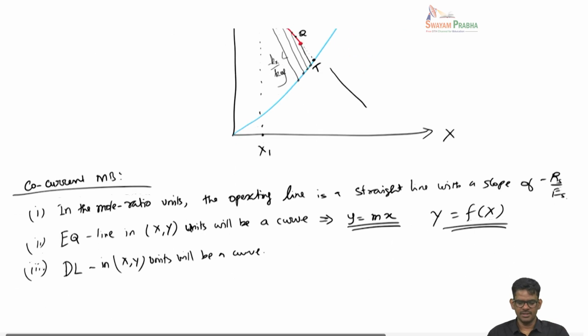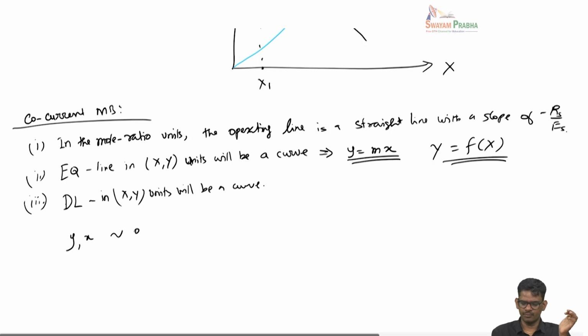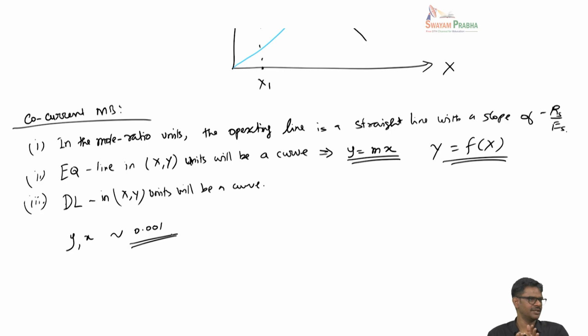For example, if y or x are on the order of 0.001, that's like 0.1% or below, then whether you use mole ratio or mole fraction, the equation will not change much because the compositions are very small. So whenever you see a problem where the concentrations are less than 0.1%, you don't have to worry about which unit to use, you can go ahead with mole fraction or mole ratio. Okay, so this is something you have to keep in mind.